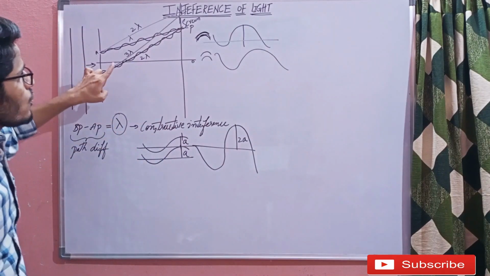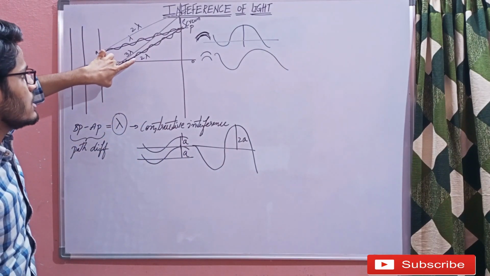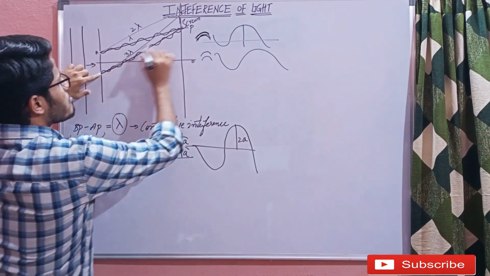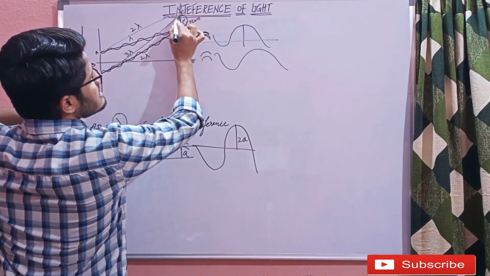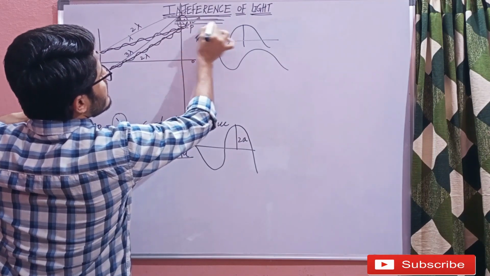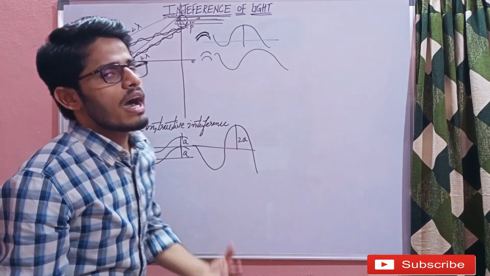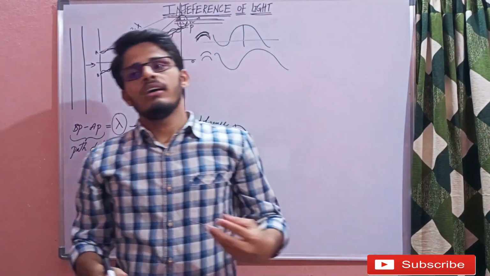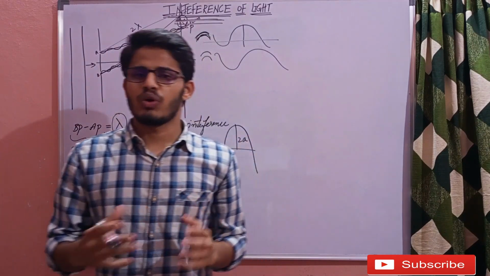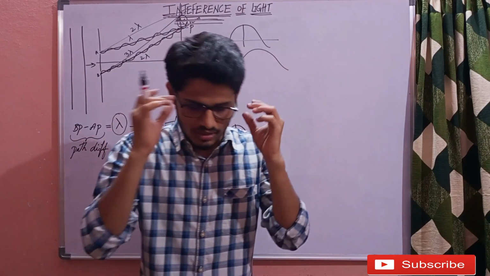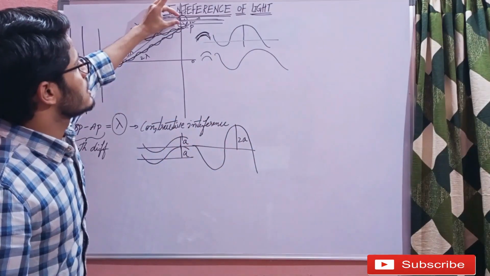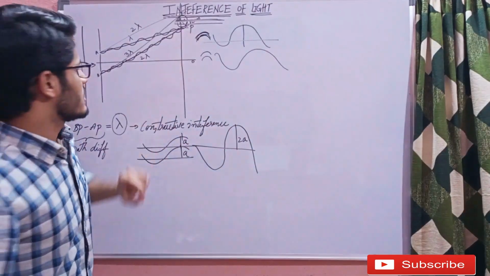But before reaching from 2 lambda to 3 lambda, there is some space on the final screen where you can't get a round-figure value of lambda. You will get 0.5 lambda or 1.5 lambda or 2.5 lambda. At those positions you will see destructive interference.